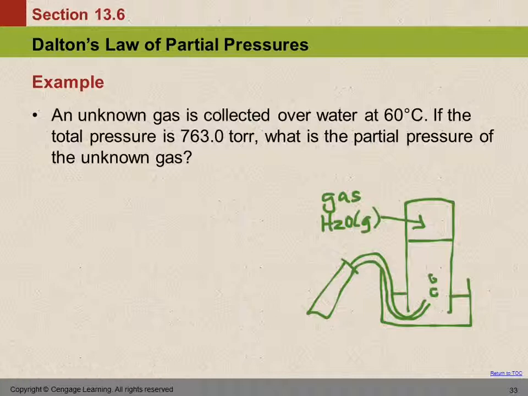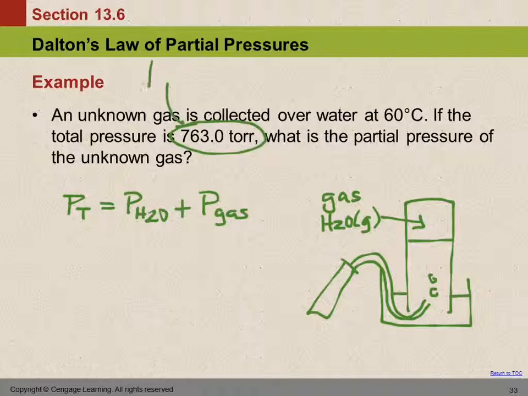We have a mixture. The total pressure of that gas is going to equal the vapor pressure of the water plus the partial pressure of the gas that we're interested in. And this number they gave us here, that's P total, the total pressure. So what do we need to find before we can calculate the pressure of the gas? We need the vapor pressure of the water.